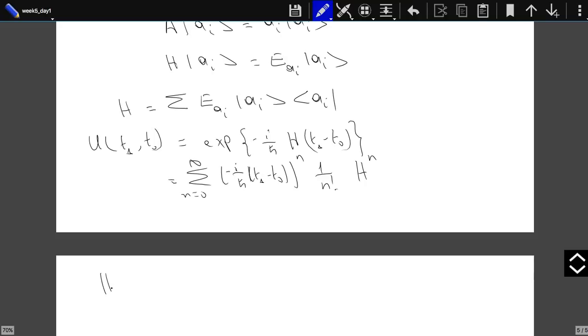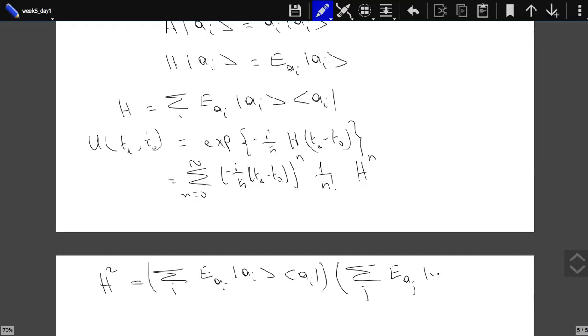So let's start with H squared. H squared will be the sum over i of the energy of the ket a_i, |a_i><a_i|, this is our Hamiltonian, multiplied with another one, sum over j of E(a_j)|a_j><a_j|.